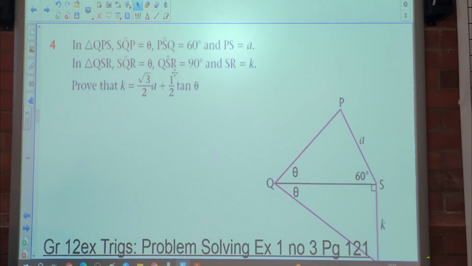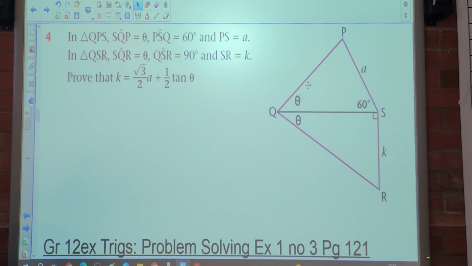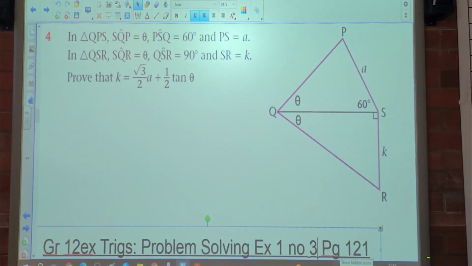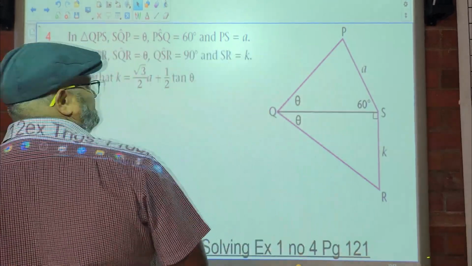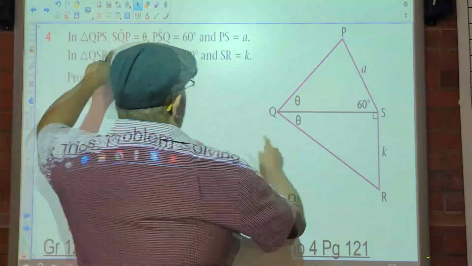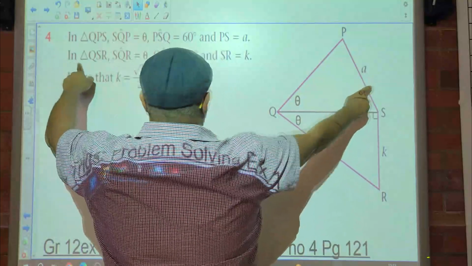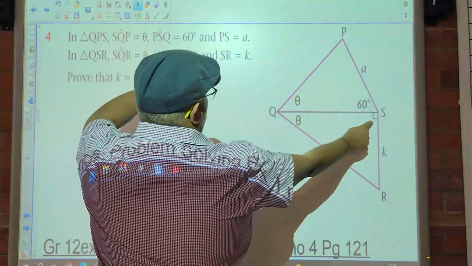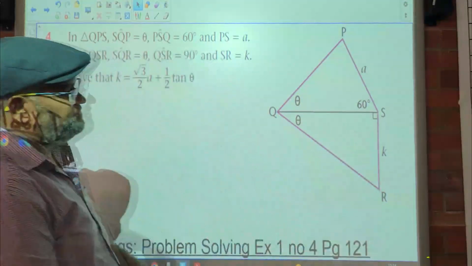Here we are told that in triangle QPS, this angle theta, that is 60 degrees, that is A. In triangle QRS, this is theta, that is 90, and that is K. Prove that K is equal to that story.